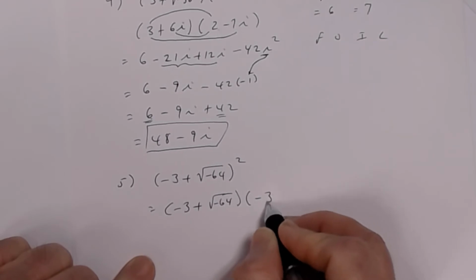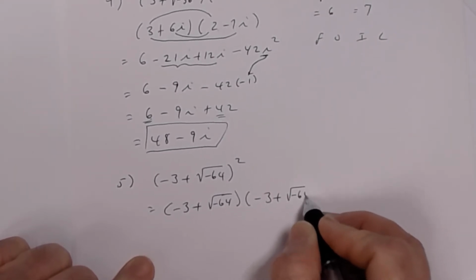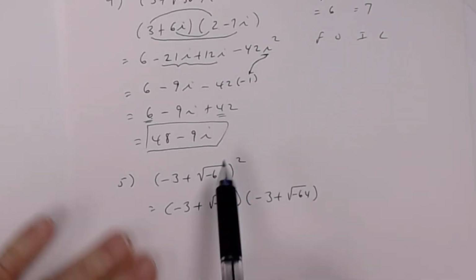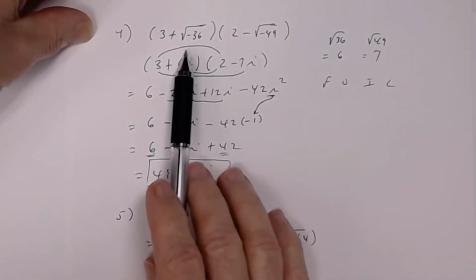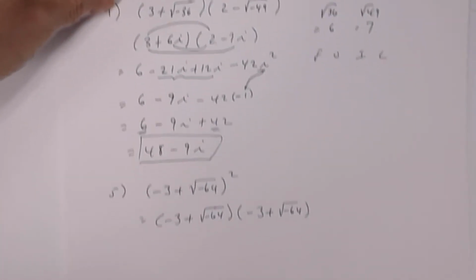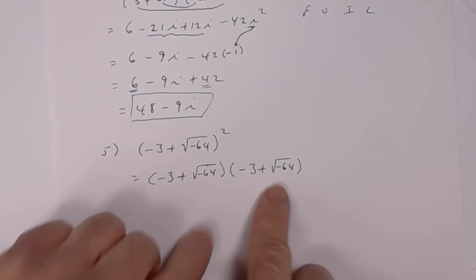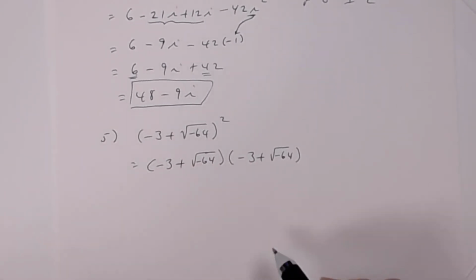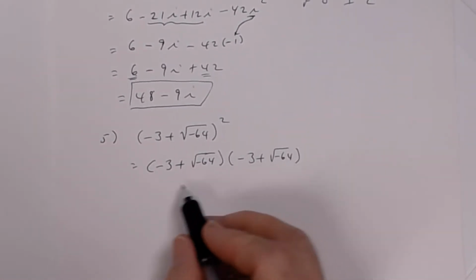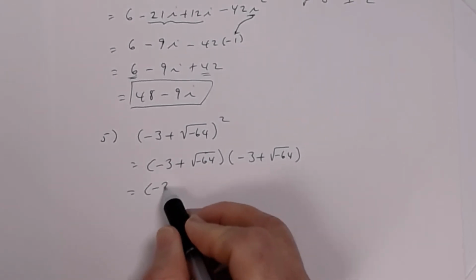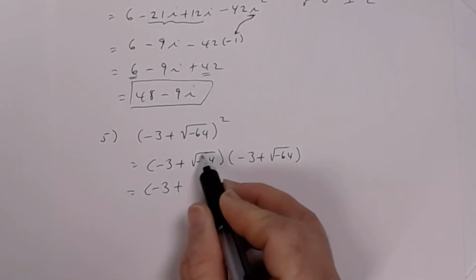That's what this means right here. And now this looks like our number 4. So we have a binomial times a binomial, so I can use the FOIL method to help me to multiply this out. And so we get negative 3 plus the square root of a negative 64.